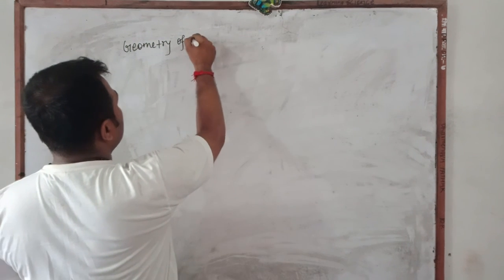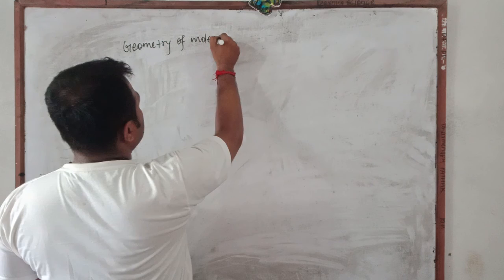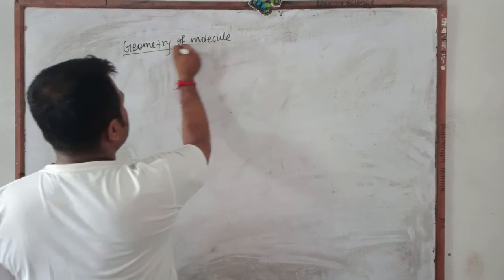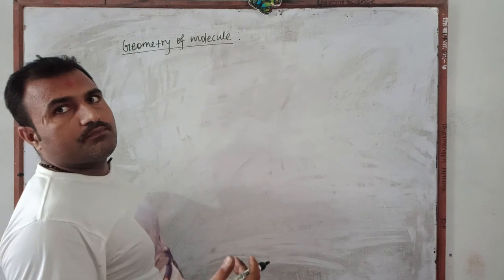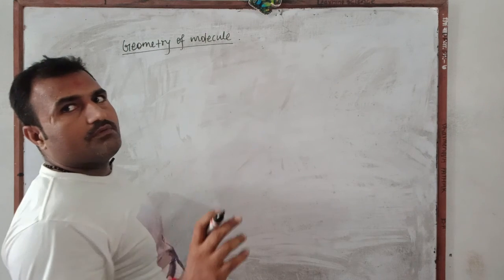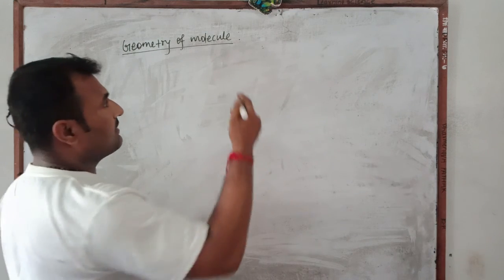Geometry of a molecule. The geometry of a molecule depends upon the arrangement of atoms and bond angle.